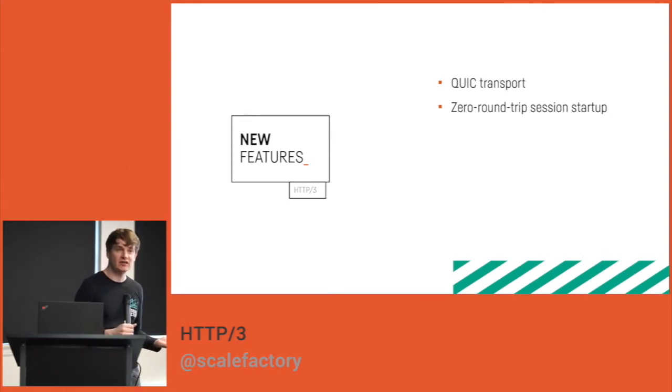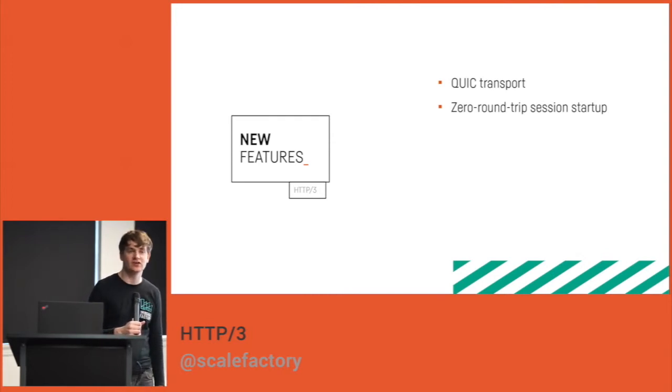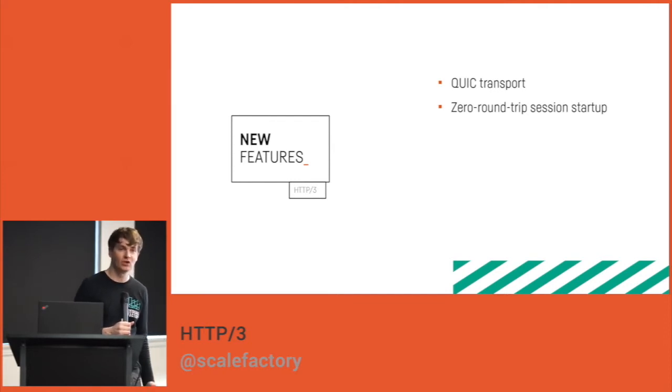Because HTTP 3 and QUIC rely on TLS, you can talk to a website that you've already established a relationship with without any round-trip delay. One packet goes from your computer saying, hello, it's me. Hello, you're Google, I think. We already spoke. I'd like to resume that relationship. Here's what I want to know.